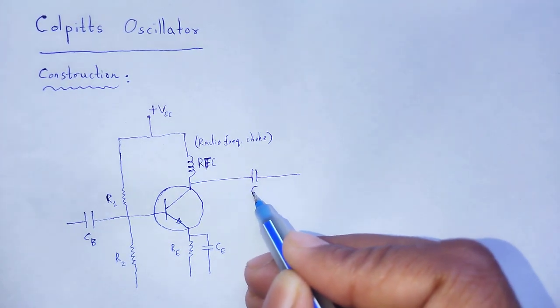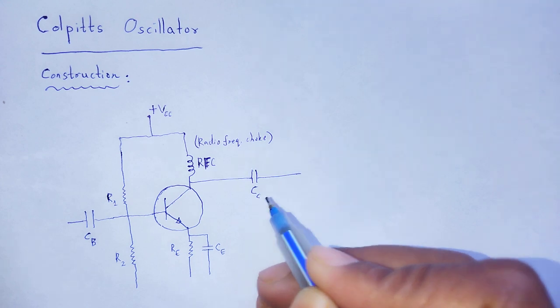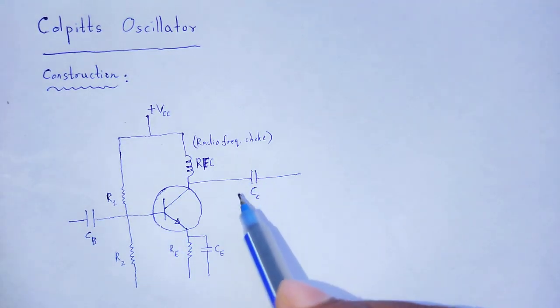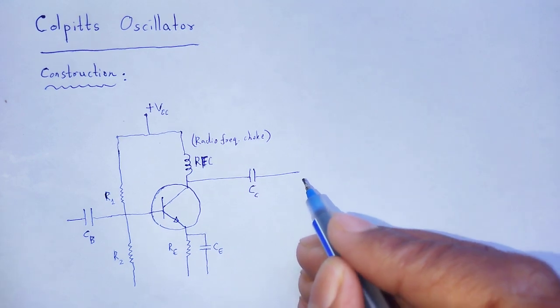Then a capacitor CC, the output of the amplifier at the collector capacitor.